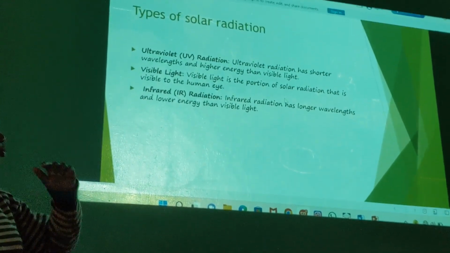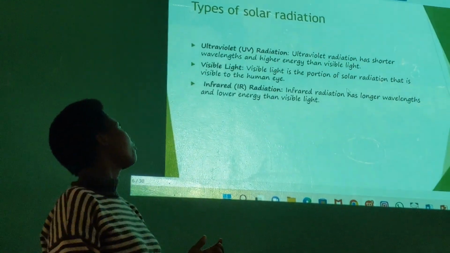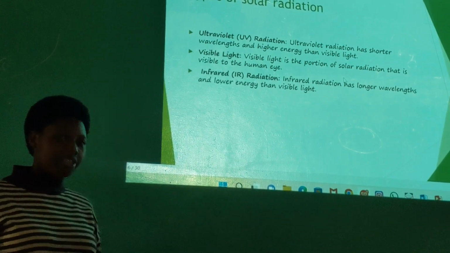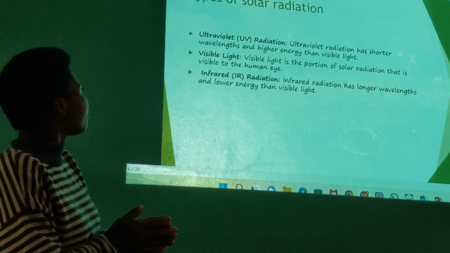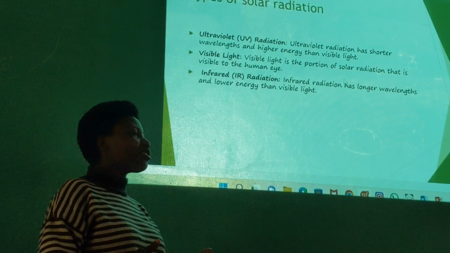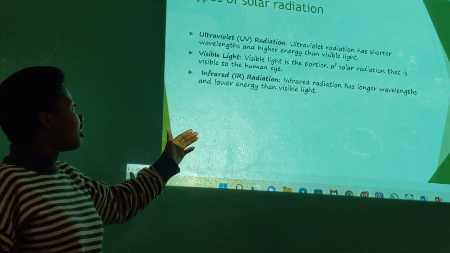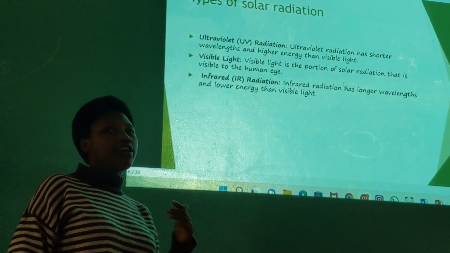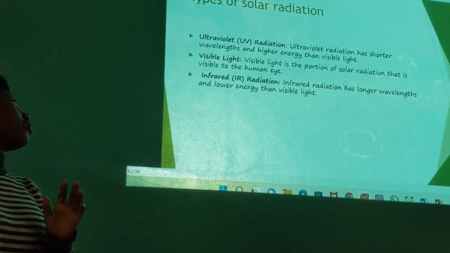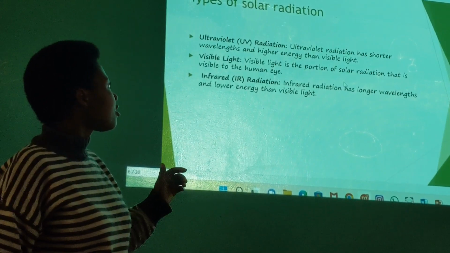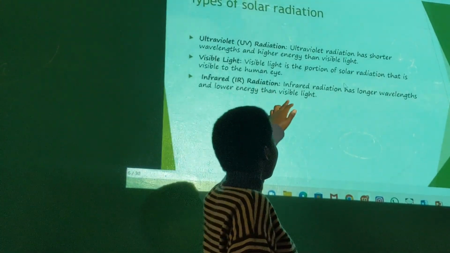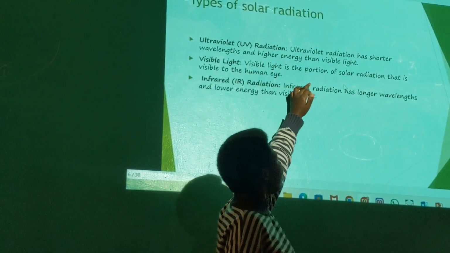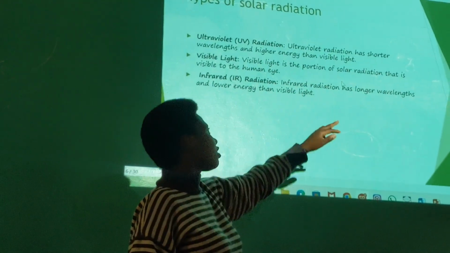There are types of solar radiation. The first is ultraviolet radiation, or UV in simple words. This radiation has a shorter wavelength but higher energy than visible light.